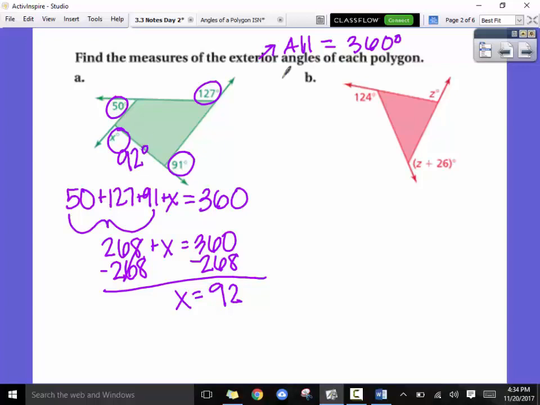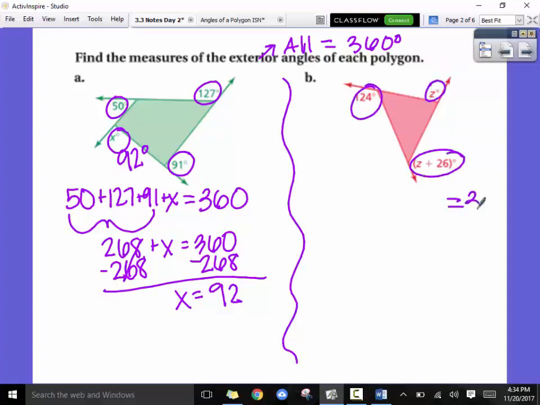Next one. Okay, notice exterior angle, exterior angle, exterior angle, meaning these are all going to equal 360 degrees. Okay, now I'm going to write each angle. So I have 124 plus this one, which is z plus 26, plus z.